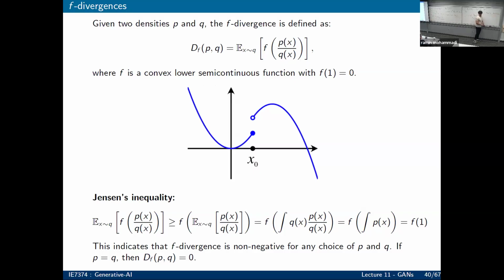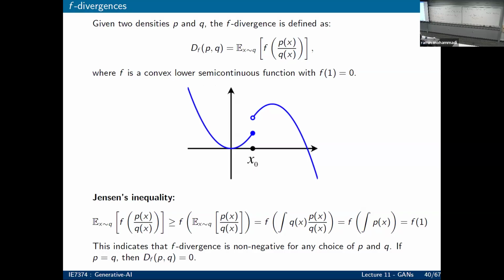So a continuous function means that if you change a variable by a small amount, the impact on the function is also a small amount. Now, a lower semi-continuous function, in a simple way, is a function that doesn't have an abrupt jump down.